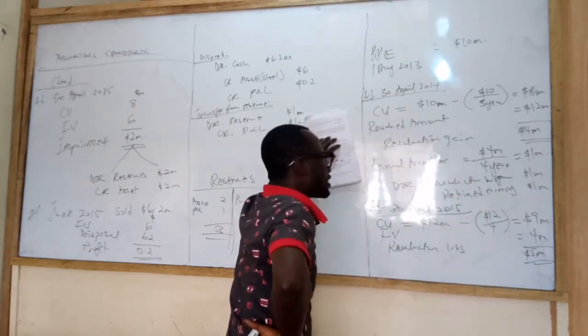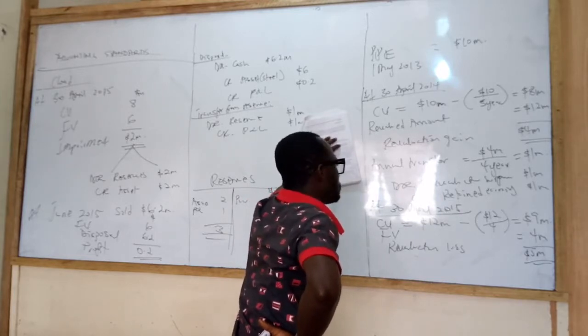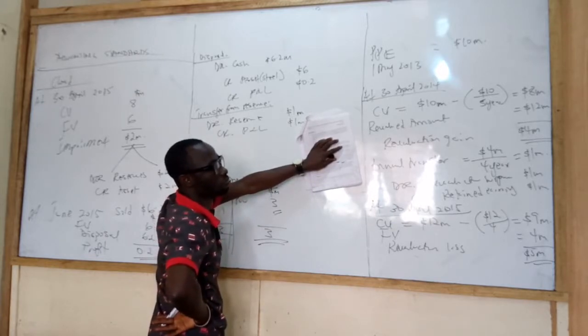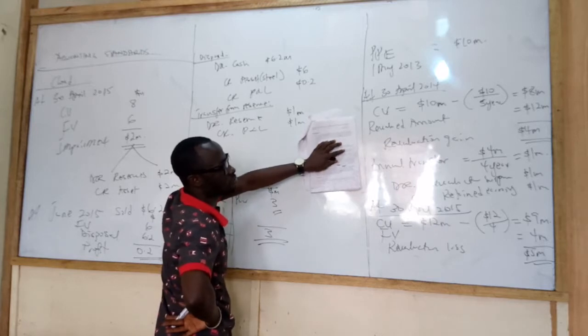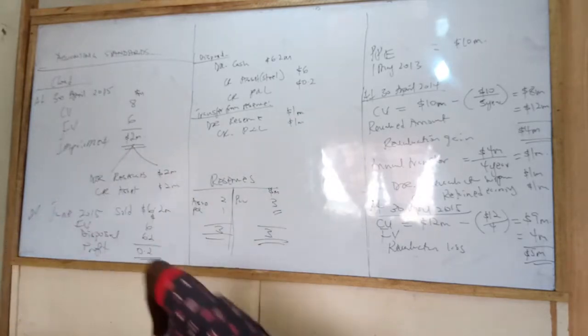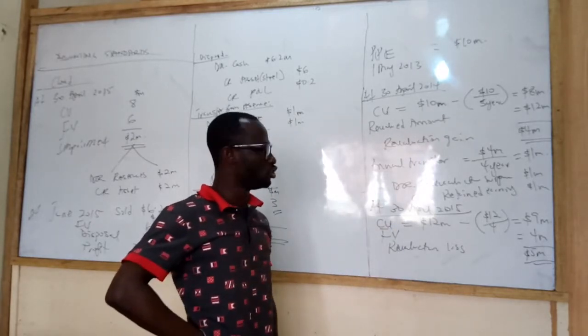How do you treat this here? I want to check the treatment under IAS 16. I was thinking you take... Don't think. What do you do?